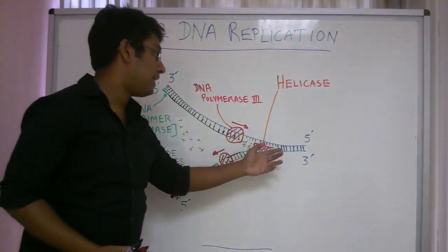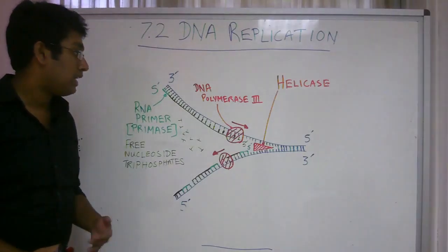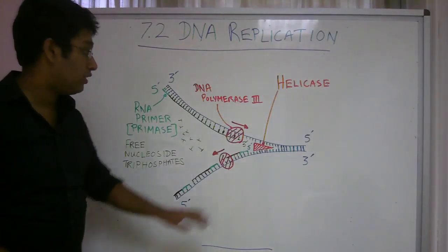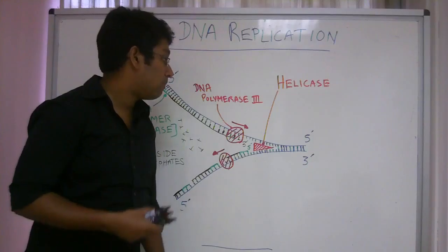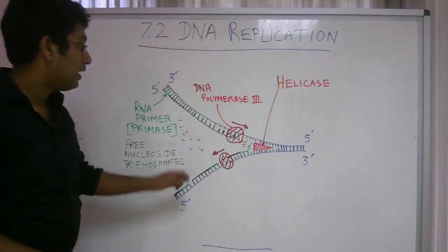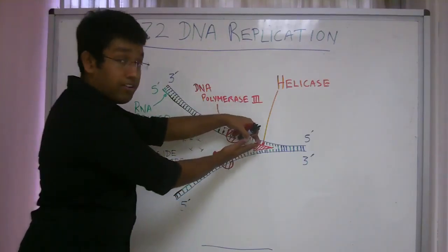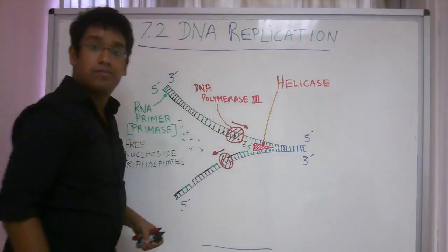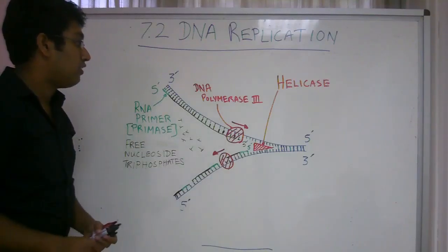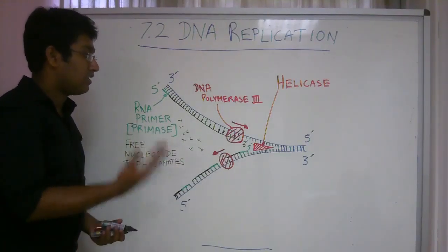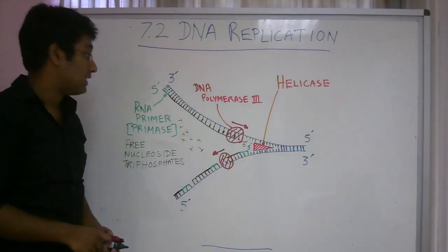This is done by breaking the hydrogen bonds between the complementary base pairs of the 2 strands in the parent DNA molecule. The result of the action of DNA helicase is the creation of a replication fork, and we will be referring to the replication fork several times later on in the process.